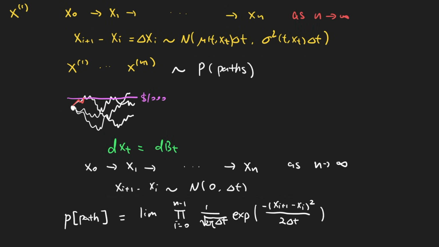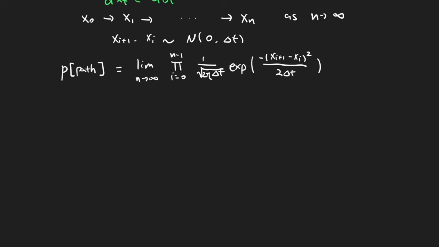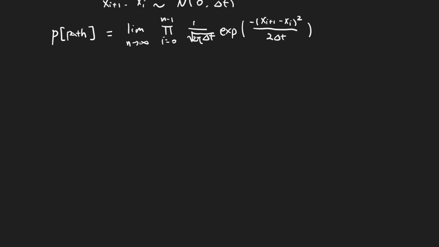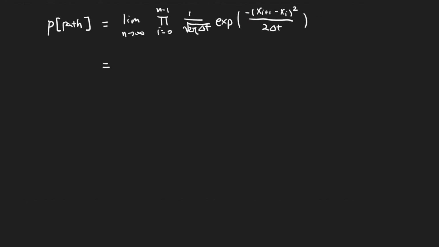So we can just imagine that we are sampling at an infinite amount of time points for the stochastic simulation. And now let's simplify this expression a little bit. We can merge the first term. Then for the second term, this product of exponentials can be converted into a sum.